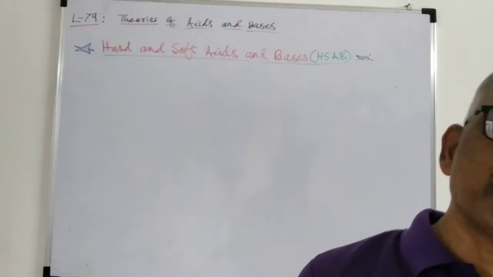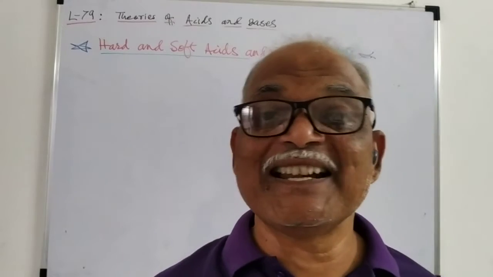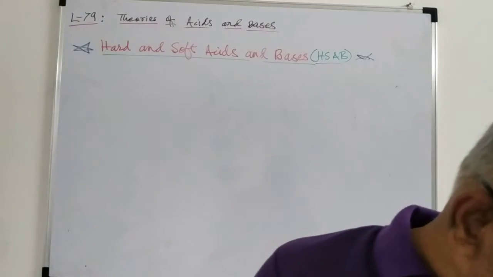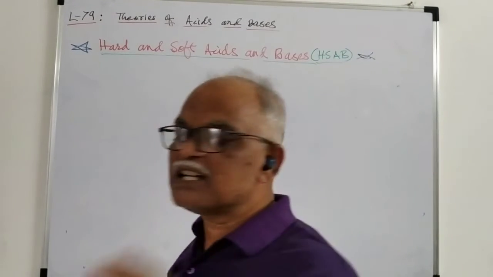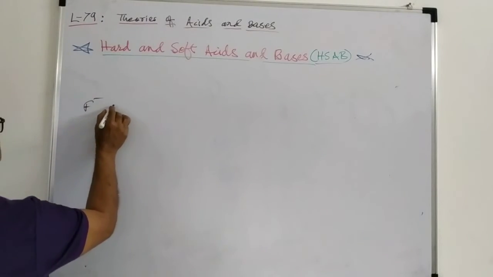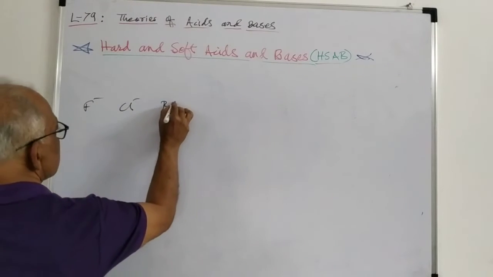So we have taken the concept of Lewis acids and bases, but it is extended in terms of hardness and softness. Here, if we consider only the anions, then we can show F minus, Cl minus, Br minus, I minus.